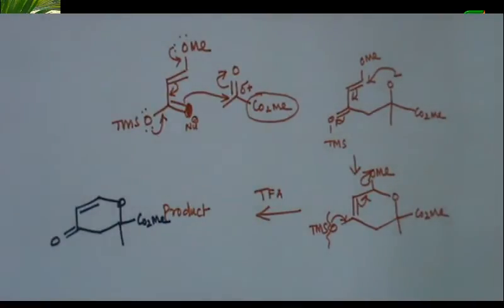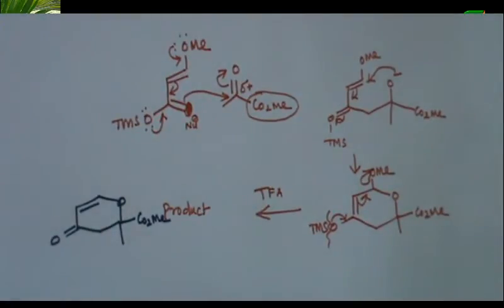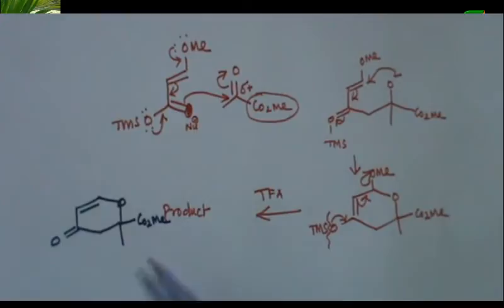If you go for the concerted mechanism, you may wrongly predict the substituents here. That option also has been given. So you may predict the other regioisomer. If you go for this mechanism, then you can predict the product correctly.